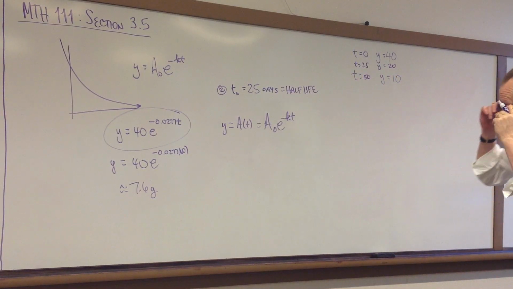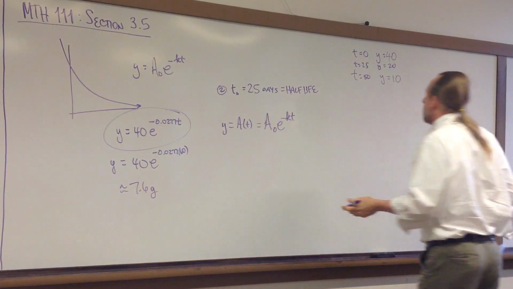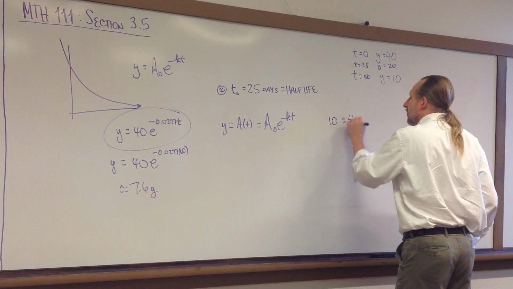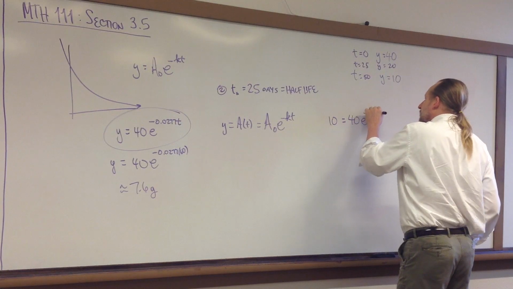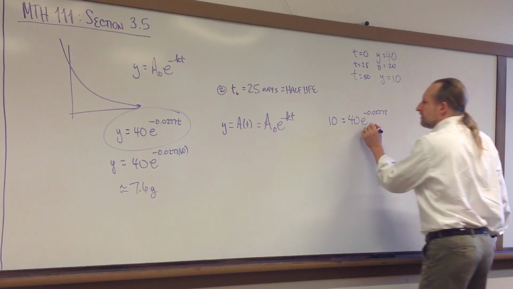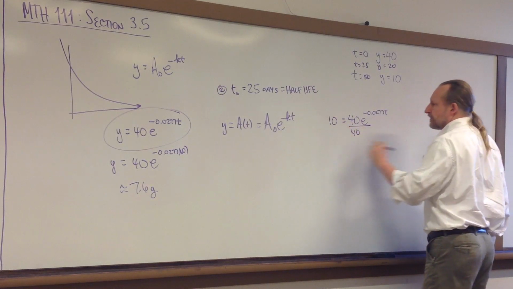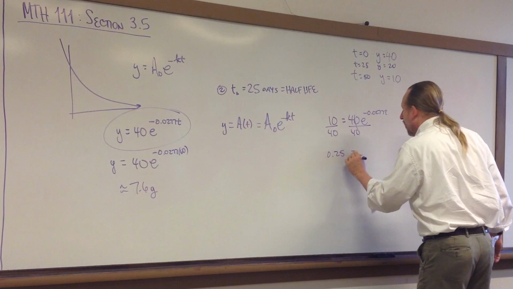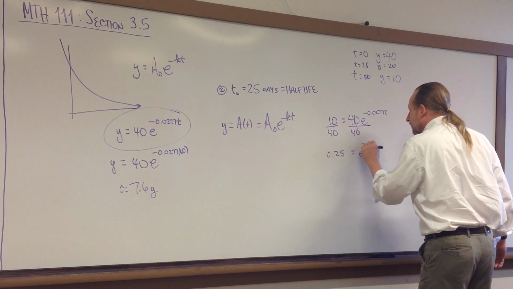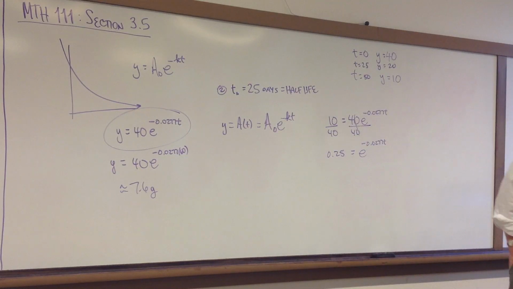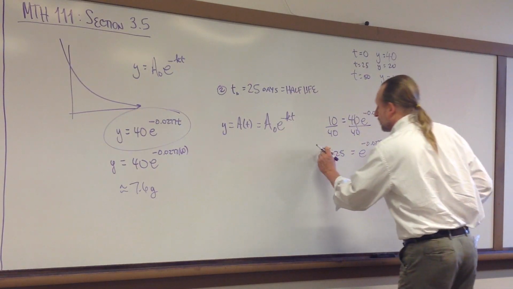So there's one way of solving it. What if you don't pick up on that? Well, put the 10 in for y, e to the minus 0.0277t, and then solve. We're going to solve for this t right here. Divide on both sides by 40, e to the minus 0.0277t, and then we'll take the natural log on both sides.